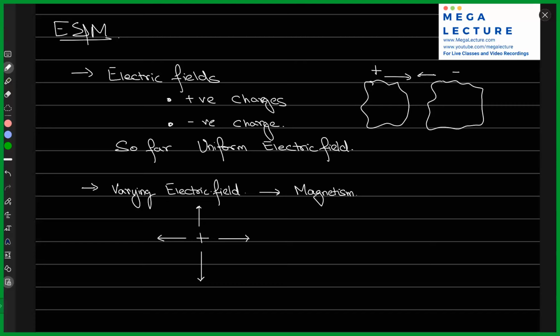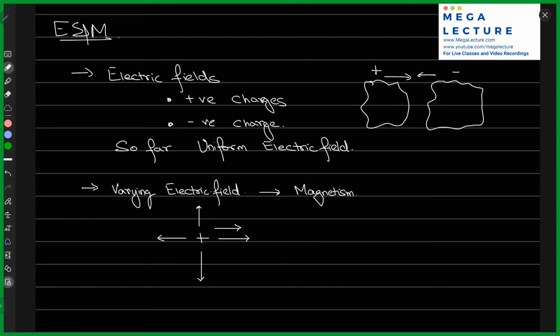Now, if I bring a negative charge here, then something interesting happens. Because the field lines are going into this negative charge, these two charges are going to come together. That's when something interesting happens. But what if we do not bring any charge, but instead push or move this charge?